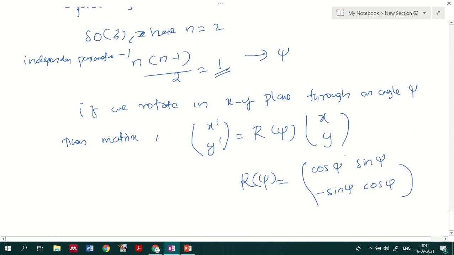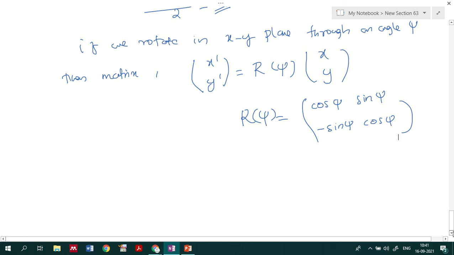This can be represented in a fashion where, let me just represent A equal to cos phi, and B equal to sin phi, where minus sin phi will be B star. B star means it is the complex conjugate, that is minus sin phi.